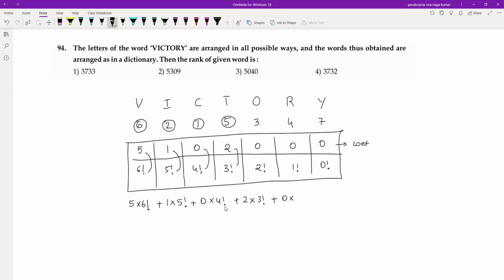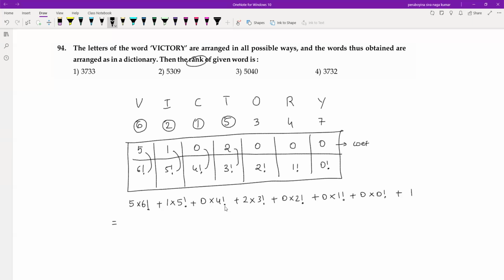So 0 into 2 factorial next plus 0 into 1 factorial plus 0 into 0 factorial, and at last I am adding 1. For every ranking problem, using this shortcut, you should add this 1 at last. Okay. So using this shortcut, what we are doing is counting the words before, and victory itself we are adding as 1.